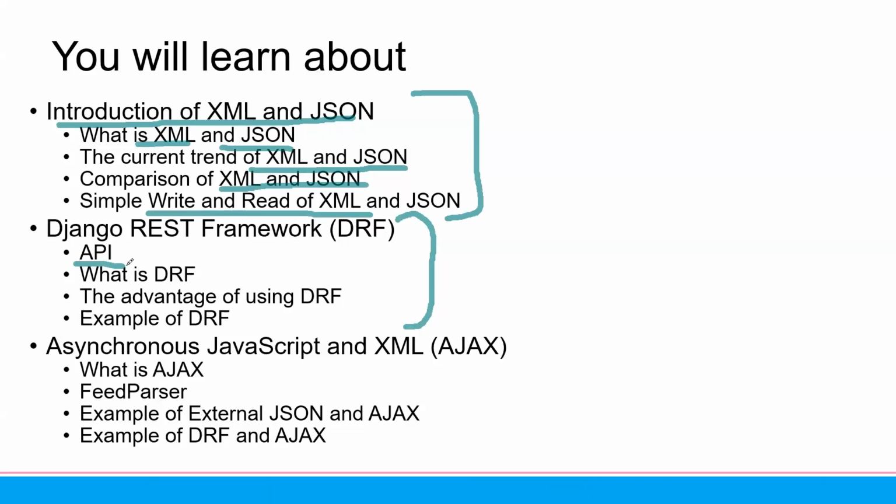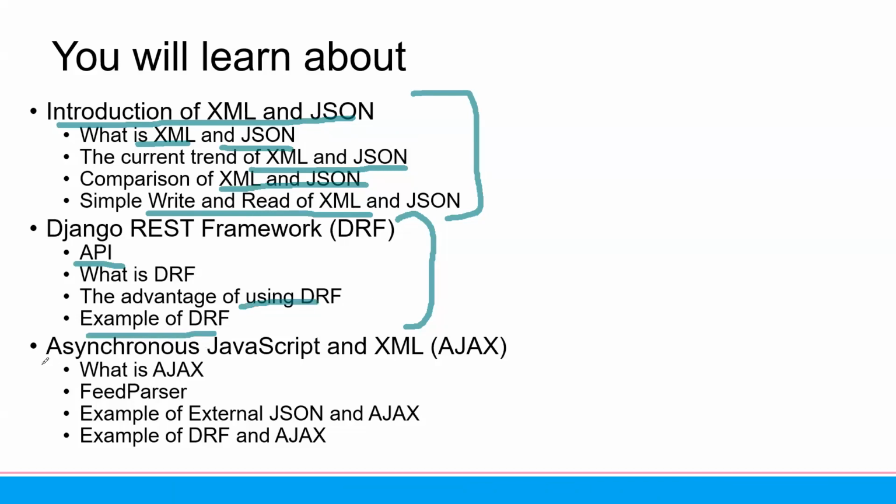Maybe some of you, if you're familiar with the web, you will know what is API. Here we will learn what is API, and then what is DRF, Django REST framework, and what is the advantage of using this DRF. And then I will show you how we can develop one simple DRF.